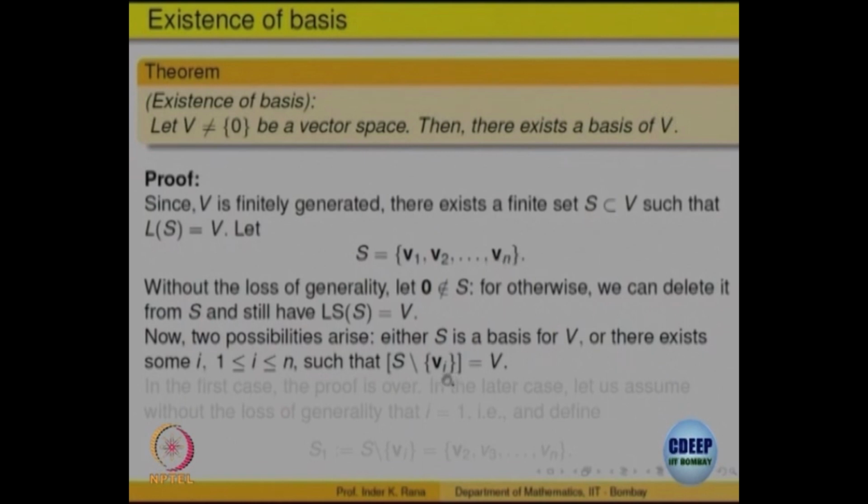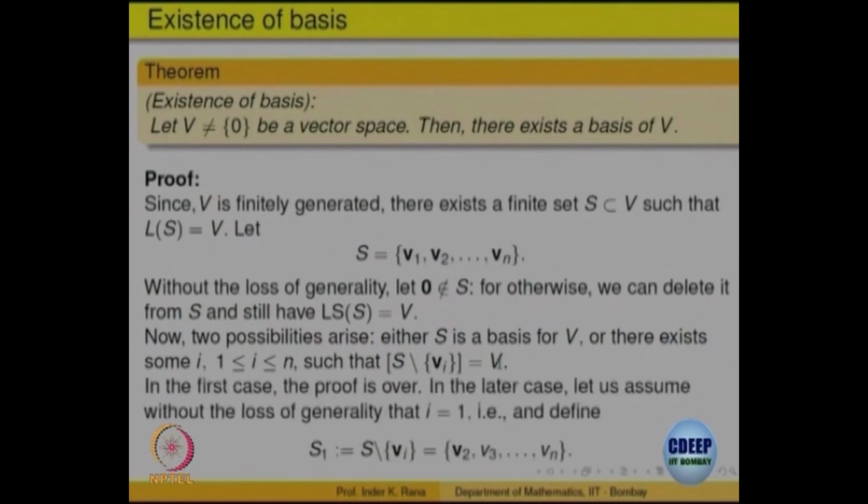Let us say that vector is vj. Remove vj from S, and the linear span of S minus the vector vj is V. Once you have removed one, again check whether that is a basis or not. If not, remove another one if required and go on doing it.